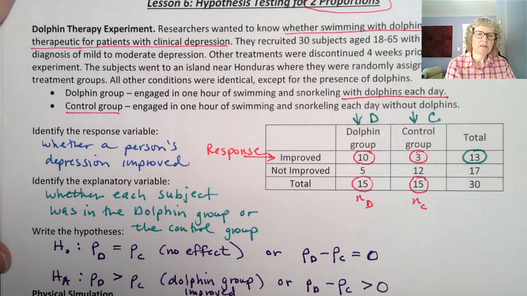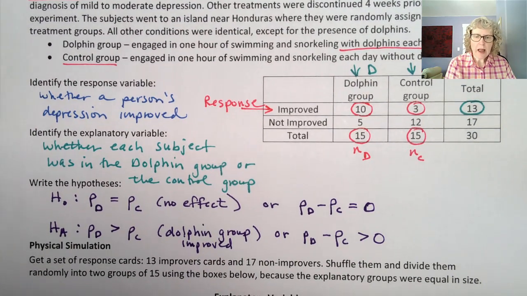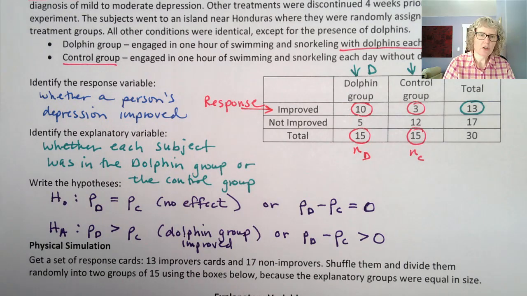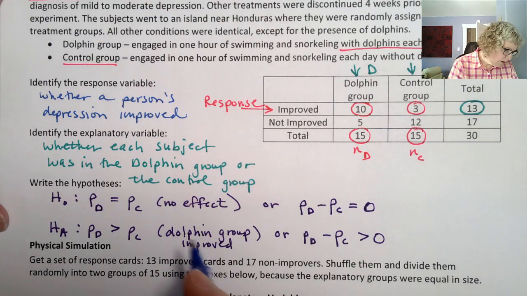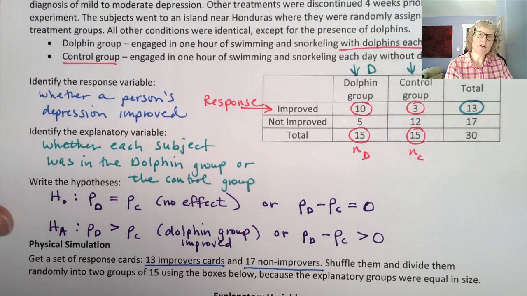If you're doing this in a class, you might have access to these little blue cards. Otherwise, you can use any deck of cards, and I'll do it one of each way. The most important thing is that we have 13 cards that are going to be improvers and 17 non-improvers.